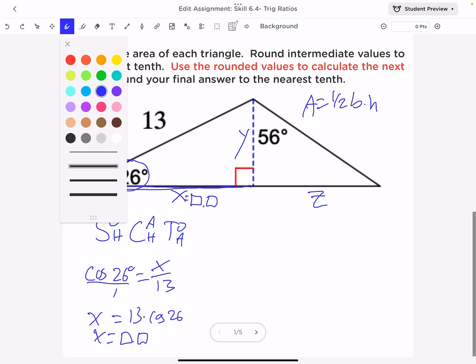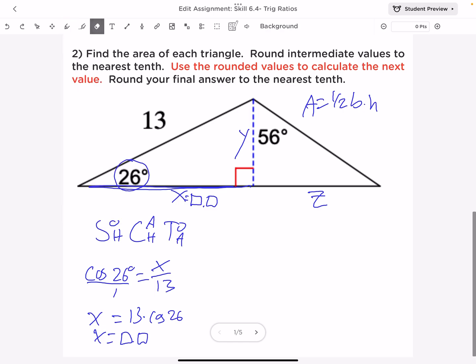All right, let's switch up and do y in a different color. Y is purple. Once again, working from 26, y is the opposite side, and we have 13, which is the hypotenuse. So we're going to use sine, because we have the opposite over hypotenuse. So sine of 26 degrees is equal to y over 13.